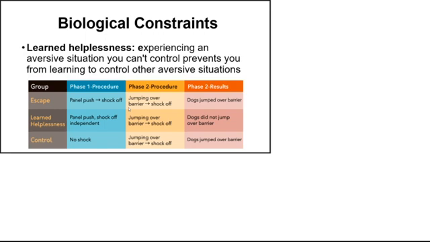A lot of the learned helplessness research nowadays makes connections to things like depression, where if we're in a situation where we've learned that nothing we do helps, we might stop trying to overcome that situation. So even if we get new resources, we might stay stuck. A lot of the new research in learned helplessness is looking for ways to disrupt that system.